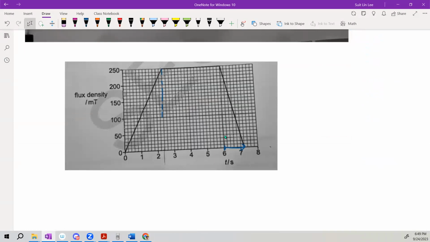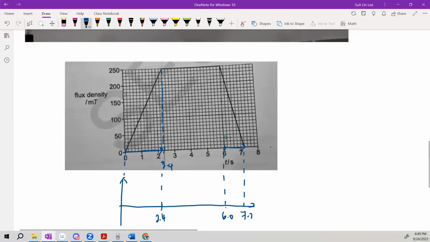Here to here, coincidentally, is 2.4. So this means if I want to sketch induced EMF, right? At 2.4, 6, 7.2. So between 2.4 and 6 goes without saying the graph is flat, there's no gradient, the magnetic field didn't change, so there's no induced EMF.